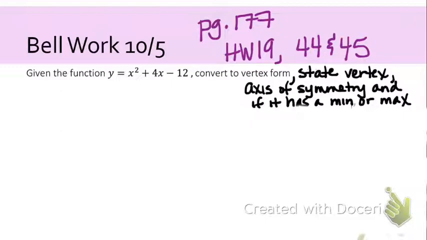So your first step is always going to be rewrite it, and you want to give yourself a gap. So make a gap between your B and C term. So that's going to be y equals, and you have x squared plus 4x, and then make a little gap.